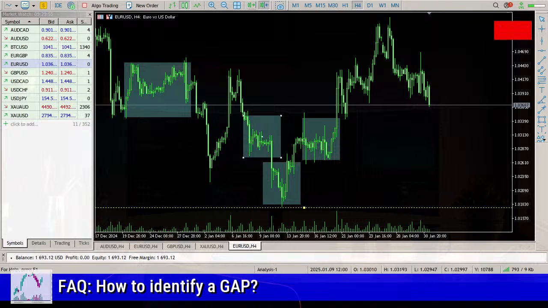This is also a base, but look at the market range. This base does not belong to the 4-hour chart. This is the lower time frame one. This base belongs to a lower time frame.